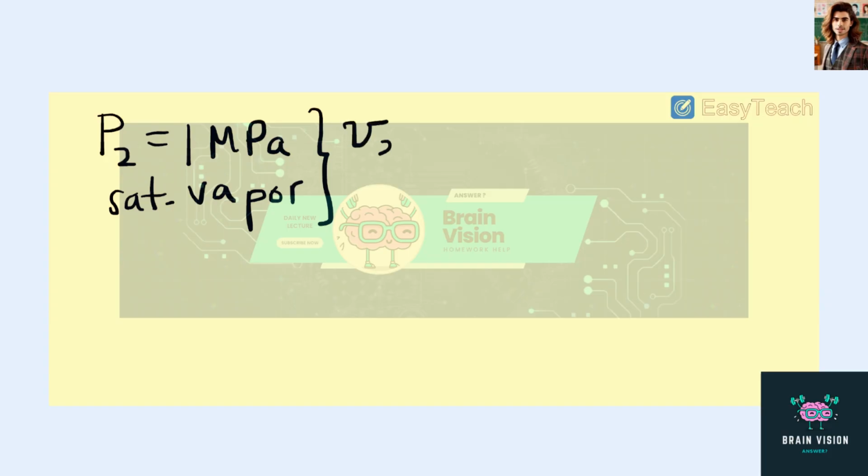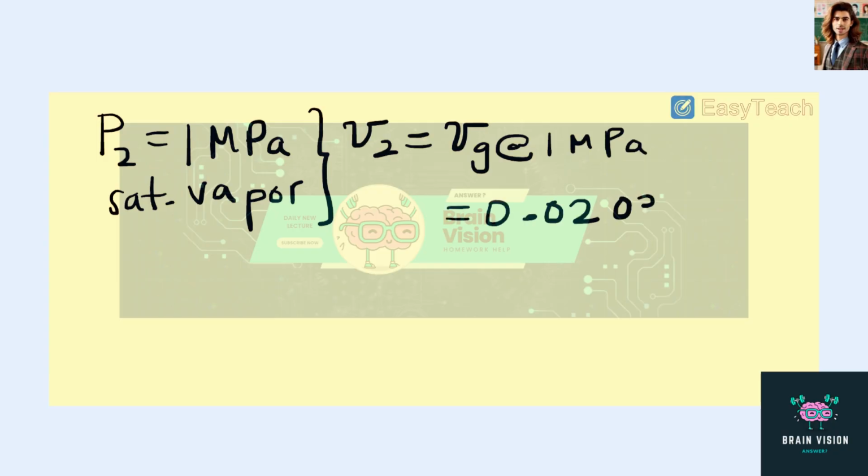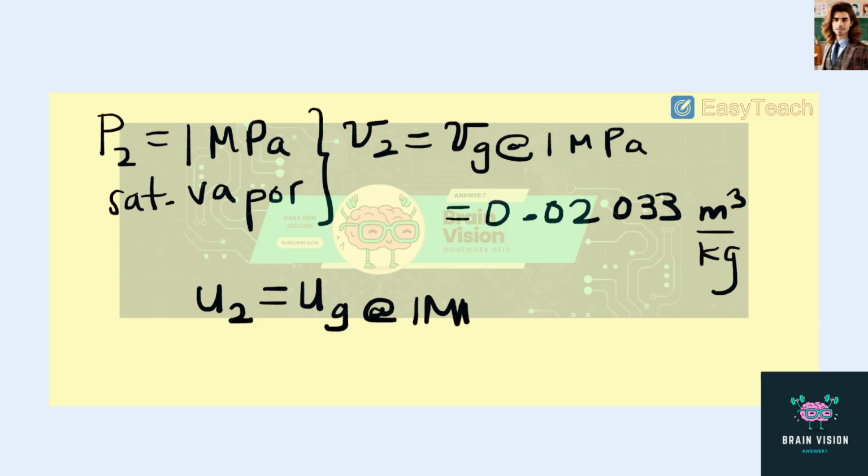V2 is just going to be equal to vg at 1 MPa, and that quantity is 0.02033 cubic meter per kilogram. Likewise, u2, our specific internal energy, will be equal to ug at 1 MPa, which is equal to 250.71 kilojoules per kilogram.